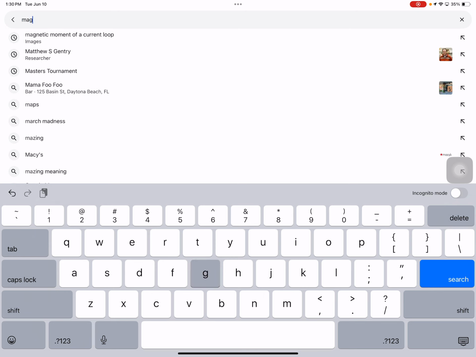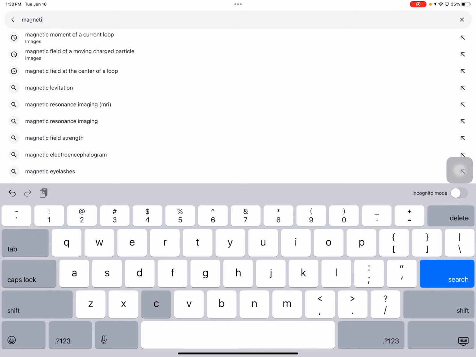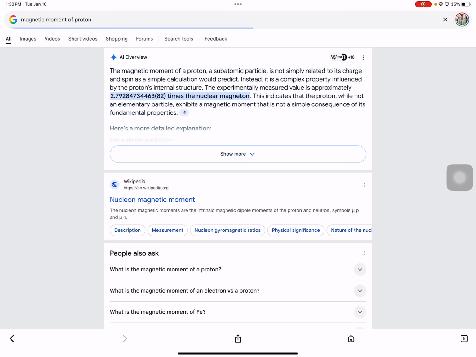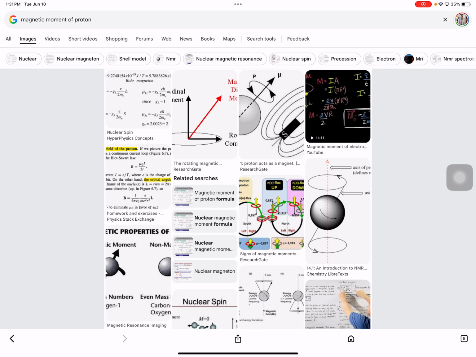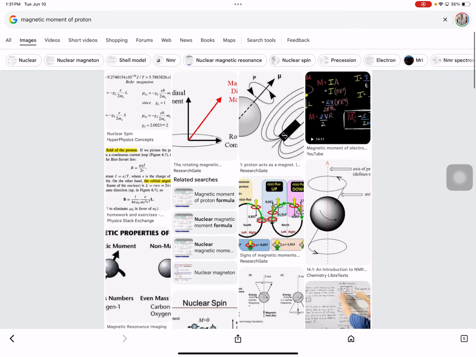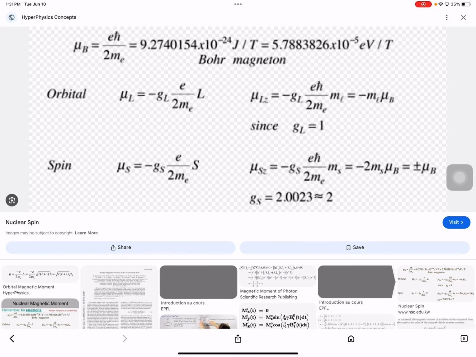I should remember it. So there's the formula.